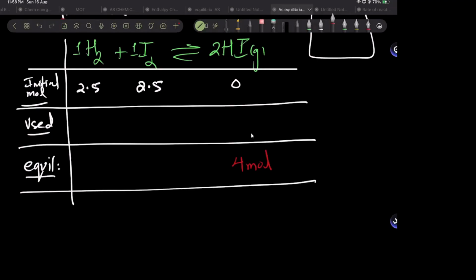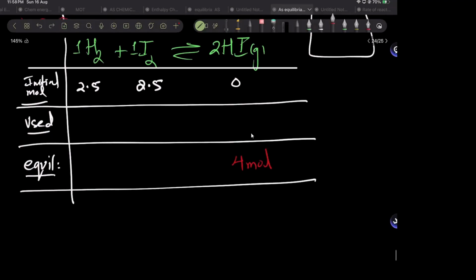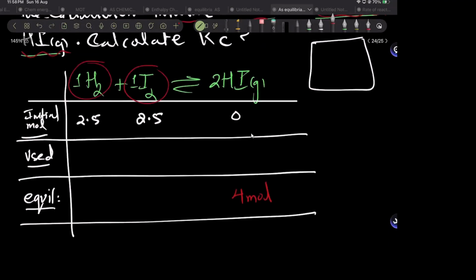Now, where did these 4 moles of HI come from? By the reaction of these two. These must have formed after the H2 and I2 had reacted with each other, right? So now we need to figure out how much H2 and I2 had reacted from the other side.